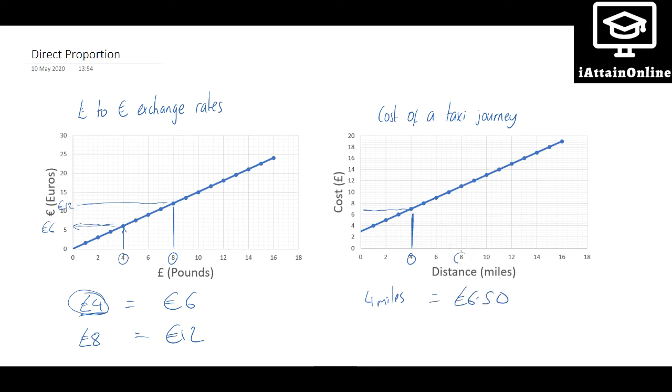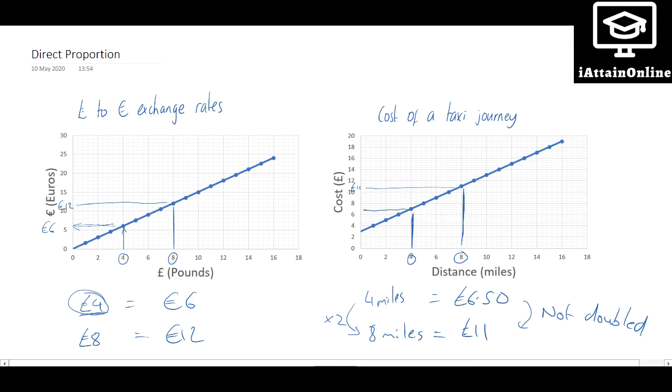And then if I double that to 8 and find out the cost, that gives me £11. So 8 miles equals £11. Even though I've doubled this one, that has not been doubled. So those two things are not in what we call direct proportion to each other. The pounds and euros exchange rate is, but the cost of a taxi journey isn't.